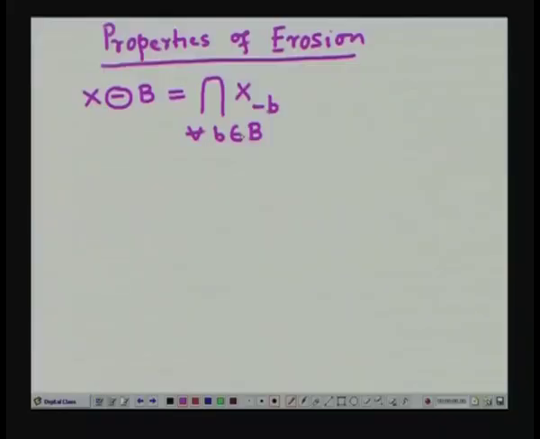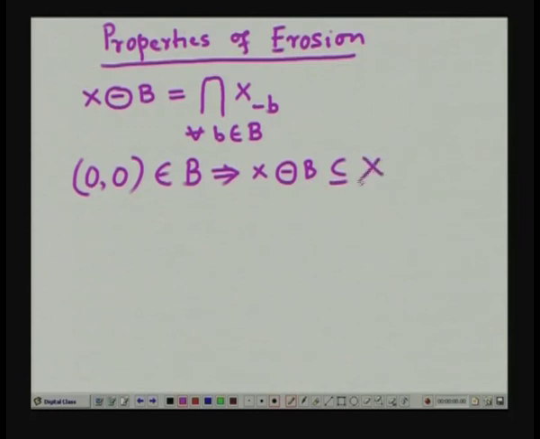Now, following this interpretation, you find that if the origin, that is (0, 0), is a member of the structuring element B, in such a case it is always true that X eroded with B will always be a subset of X. Here again, the proof of this is very trivial.